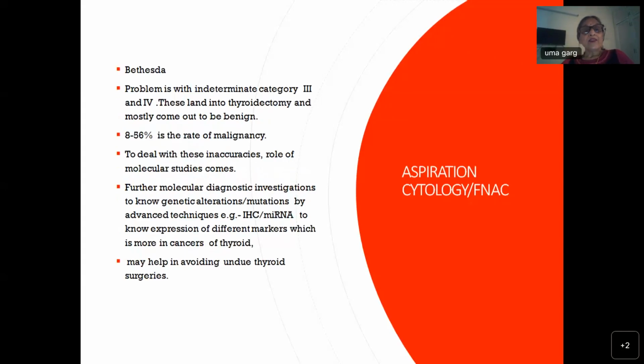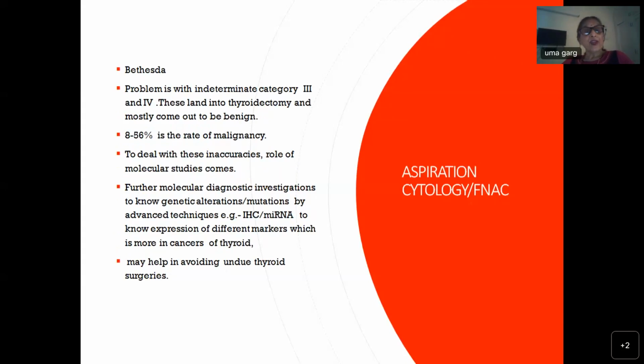Here is one slide I have kept. In Bethesda, the problem is with categories 3 and 4, because these nodules are called indeterminate nodules. Often the clinician is confused because they are indeterminate. They may be malignant, they may not be.